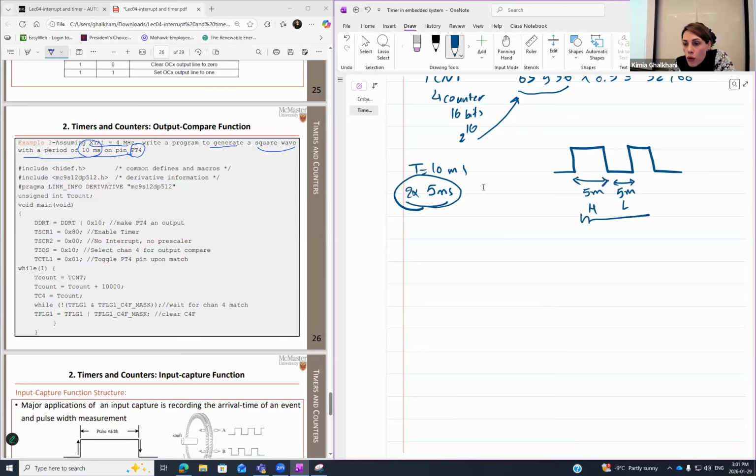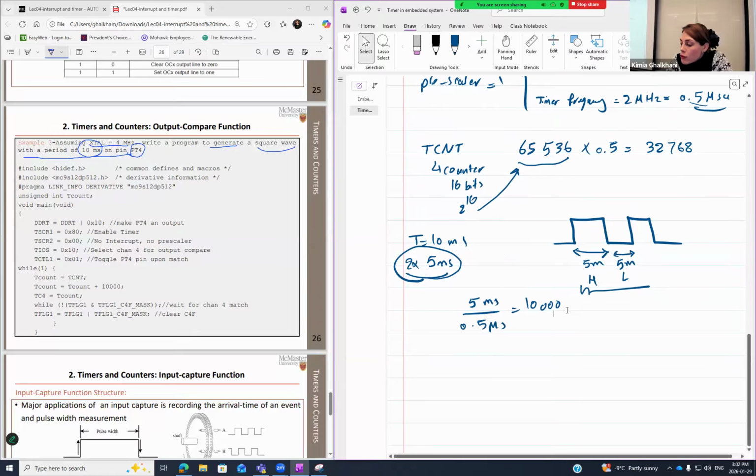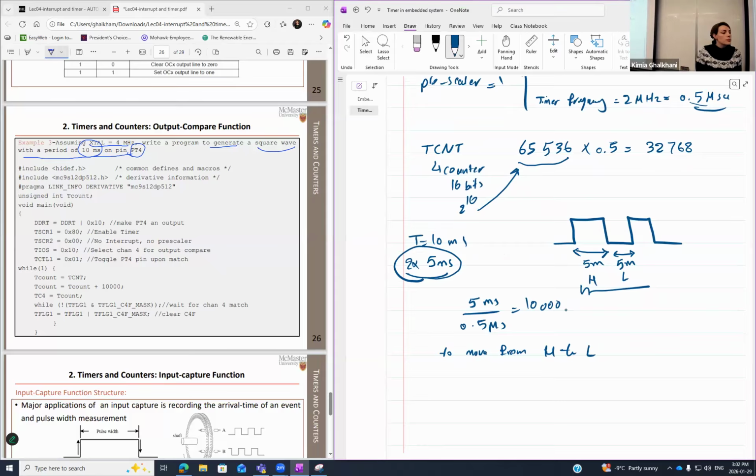I already calculated the 0.5. So 5 milliseconds over 0.5 microsecond becomes almost 10,000. It means it takes 10,000 counts to toggle each 5 milliseconds, to move from high to low. Make sense?